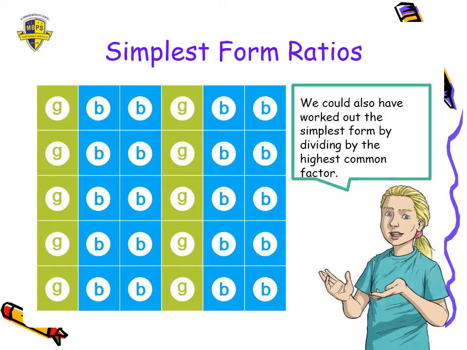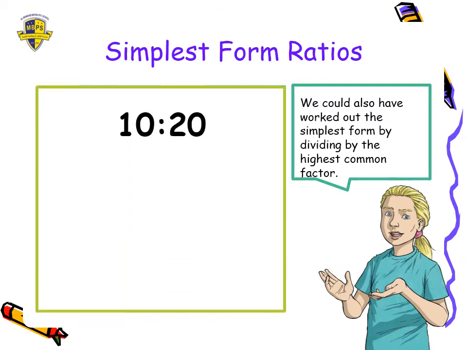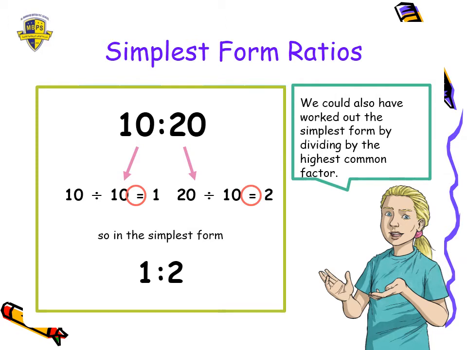Think of the highest common factor. Excellent, 10. So we can divide it by 10. Here, 10 divided by 10 equals what? Equals 1, excellent. And 20 divided by 10 equals 2. So the simplest form of this ratio is 1 to 2.